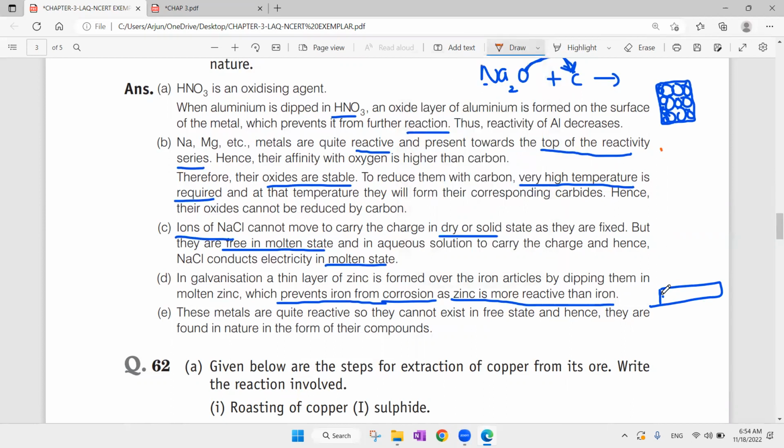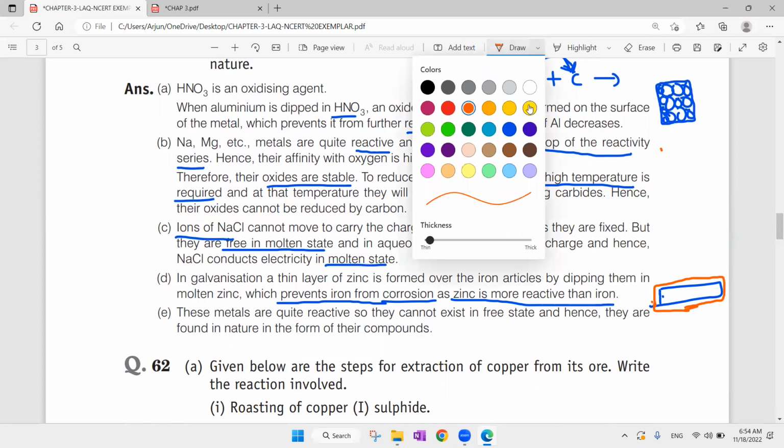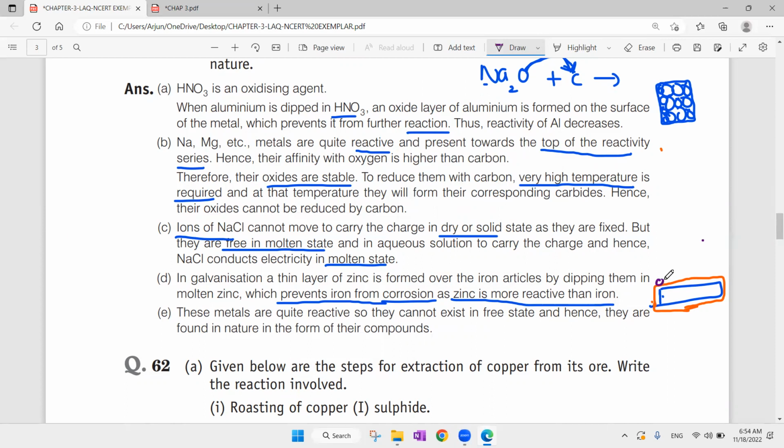If this zinc reacts with oxygen, the oxide layer stops here. It will not allow zinc further oxidation. It is a self-protecting metal.